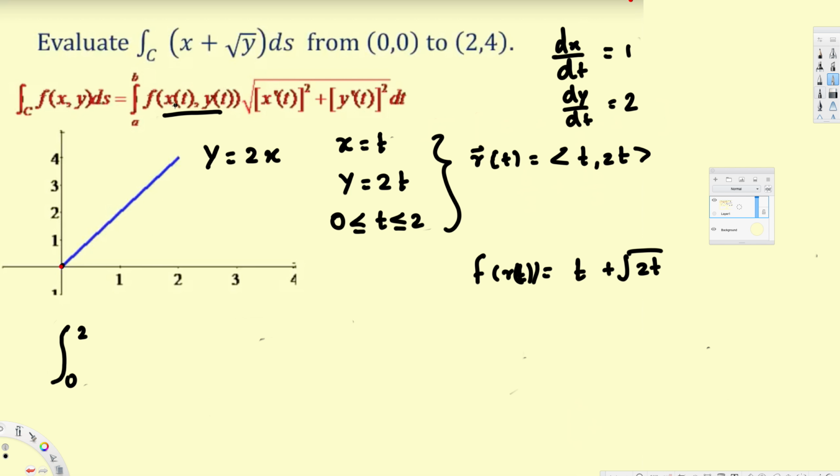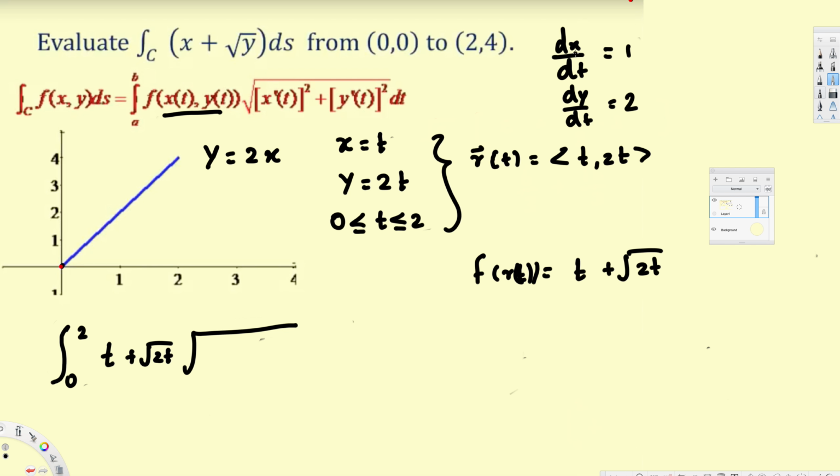Now f of x of t, y of t, that's our parameterization function, and that function is here, that is t plus square root of 2t. So that's going to be t plus square root of 2t, and then this arc length formula is going to be square root of x prime squared plus y prime squared.